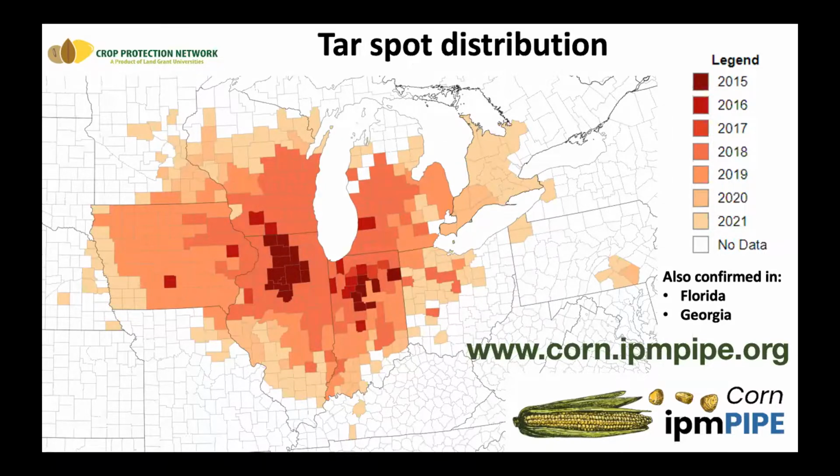But if you look at the expansion from 2020, from the little darker beige tones, for instance, in one county in Pennsylvania, down in southeastern Pennsylvania, and in the lower southwestern part of Ontario, how it kind of exploded out of those areas into 2021. So we see this expansion continuing, especially in years where we have very conducive moist conditions.